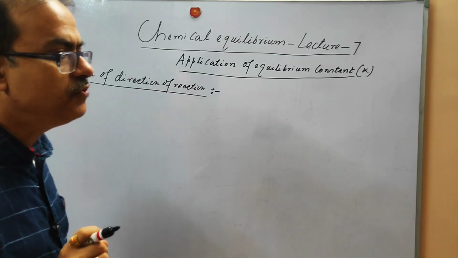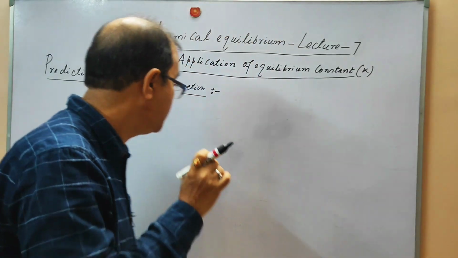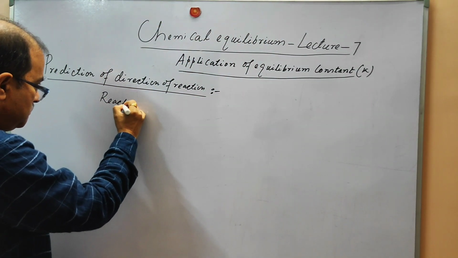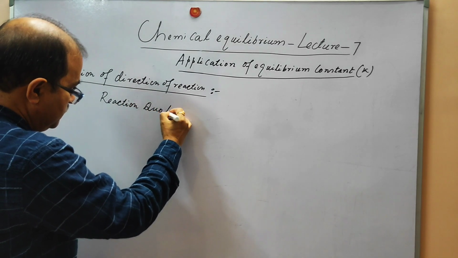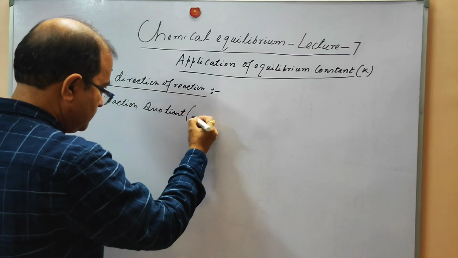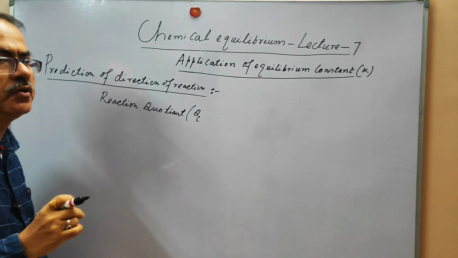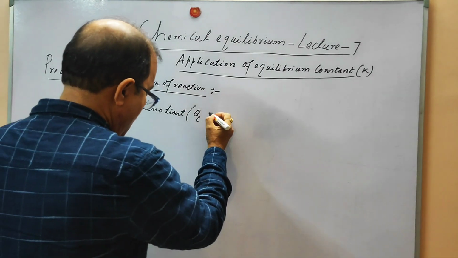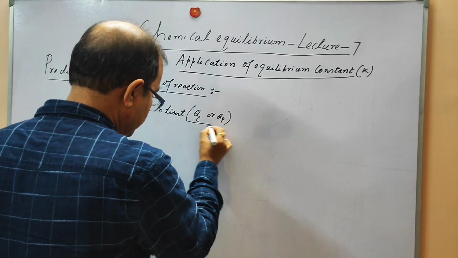How? For that you have to have a quantity called the reaction quotient. Reaction quotient is Qc when you are talking about concentration terms, that is in terms of mole per liter, or it is Qp when you are talking about partial pressure.